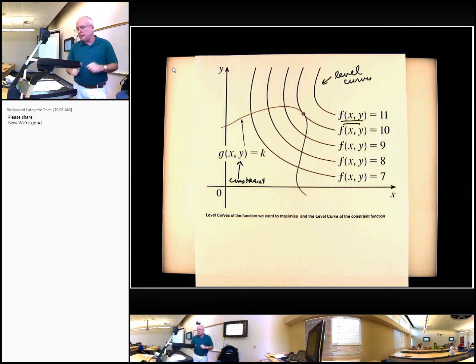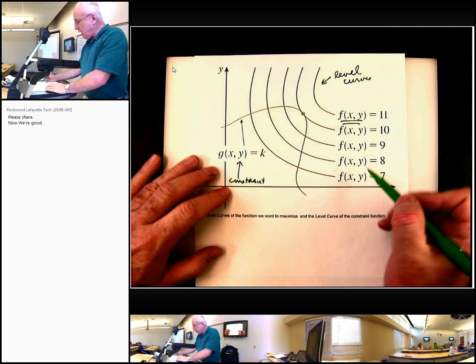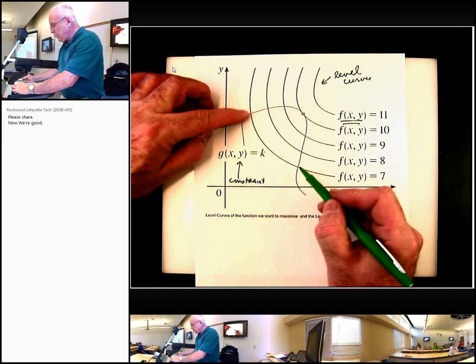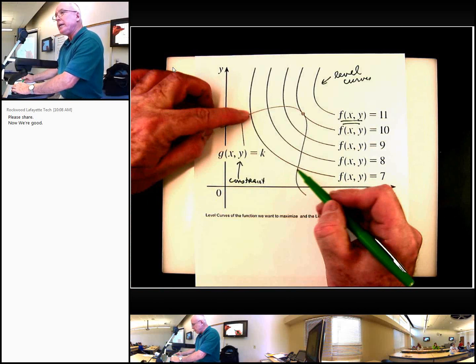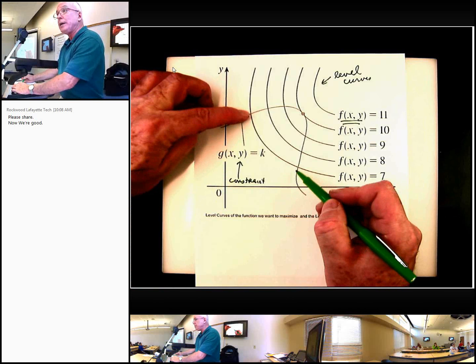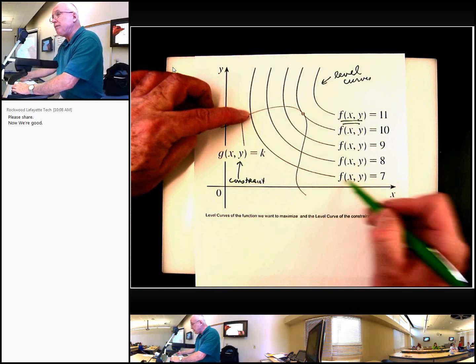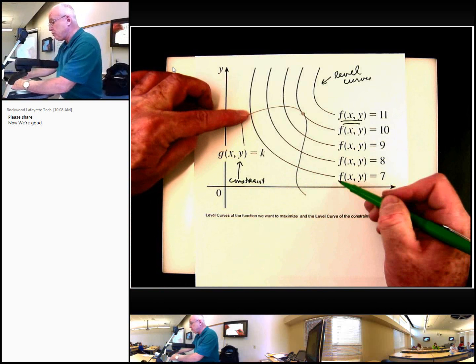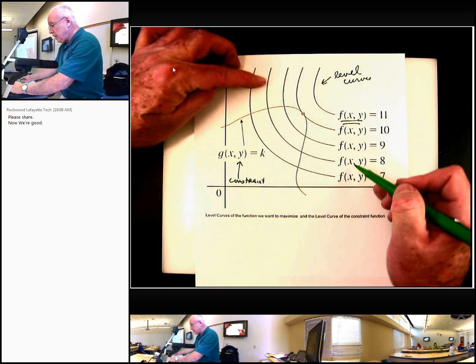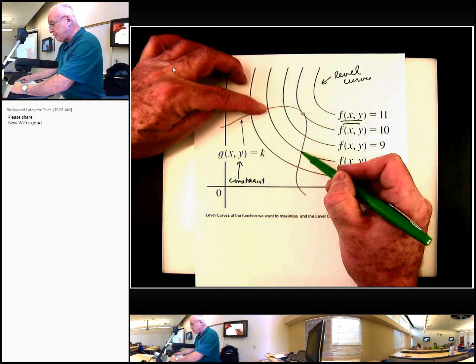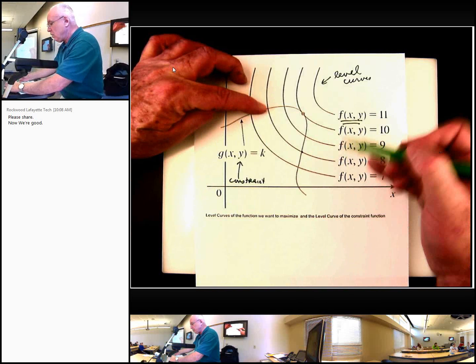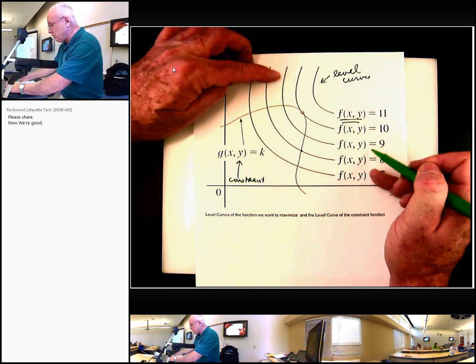So looking at this, if f(x, y) is equal to 7, granted, it does meet our constraint, because we also have to have the constraint satisfied, but notice we can get even bigger values of f(x, y). We can look at 8. We still have 2 points that meet our constraint, but we can go even bigger. We can go f(x, y) equal to 9.